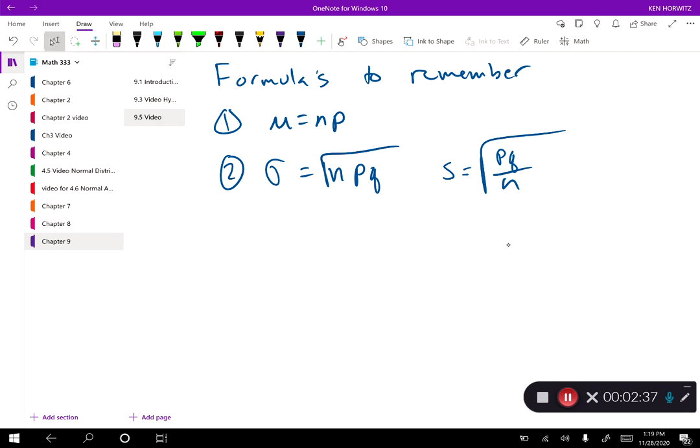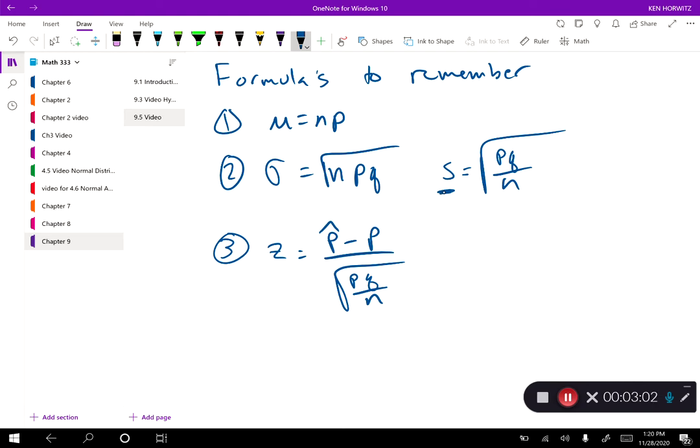Our next is our z formula. I'm going to give that its own separate one. It's z equals p hat minus p over our standard deviation, which is going to be the square root of pq divided by n, our sample standard deviation.